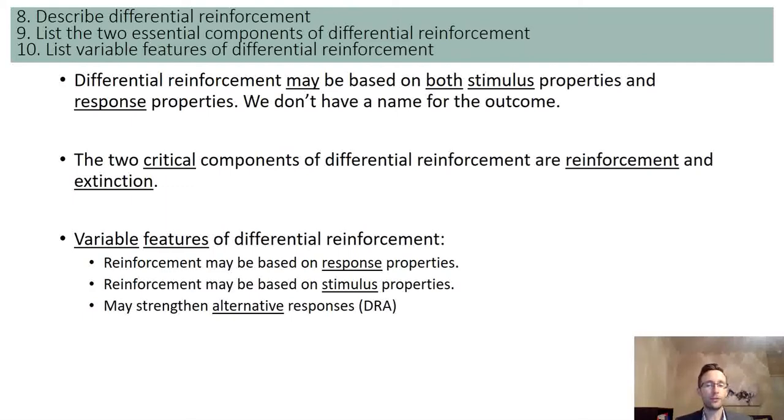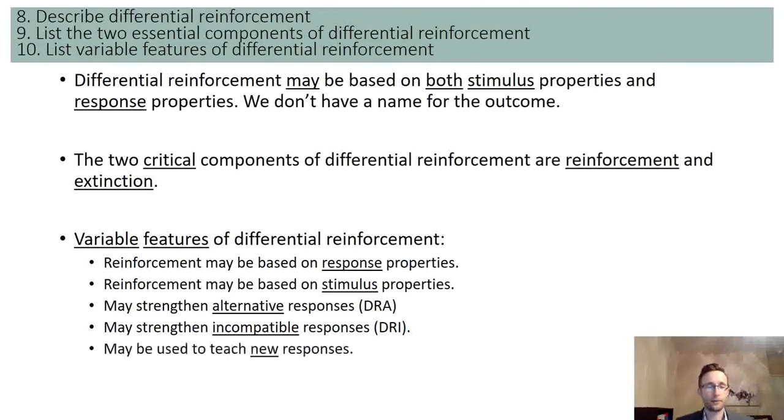That's known as DRA, or differential reinforcement of alternative responding. It may strengthen incompatible responses. That's DRI, differential reinforcement of incompatible responses. May be used to teach new responses. In other words, give an individual a new skill. May be used to reinforce other behavior. That's referred to as DRO.